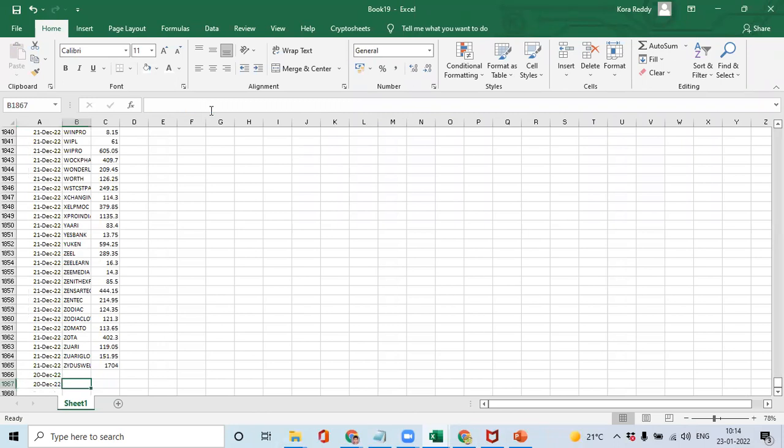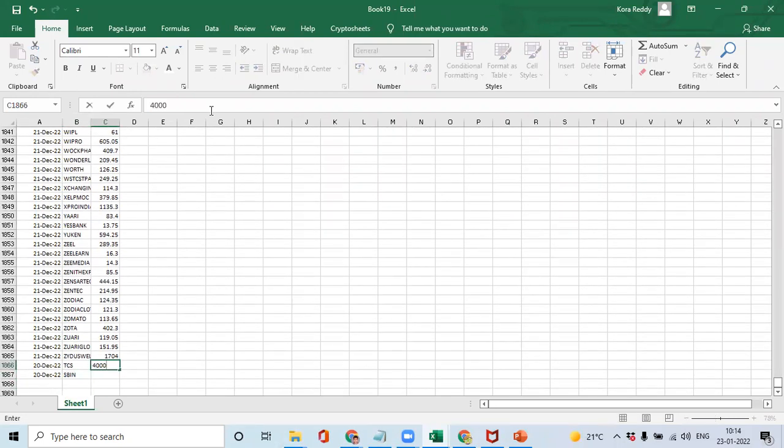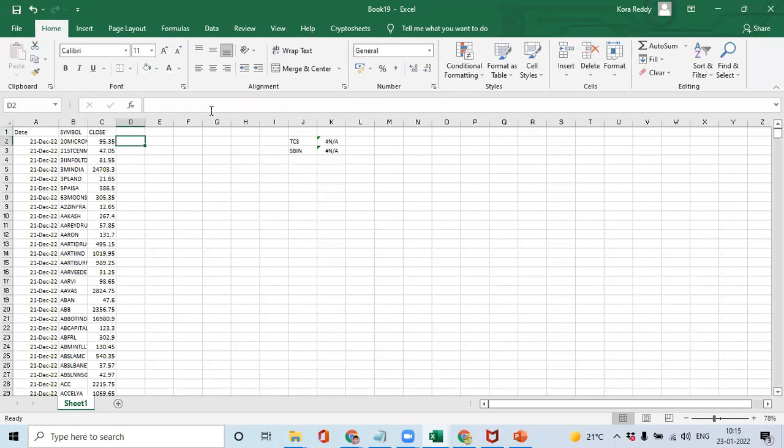I'm not downloading, I'm just putting in prices, since I'm interested in TCS and SBI. So I'll put some price, let's say 4,000, and this is 550. To construct my database, I will just concatenate date and symbol, because the combination is unique.